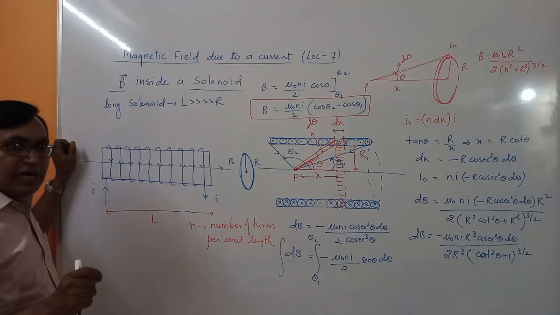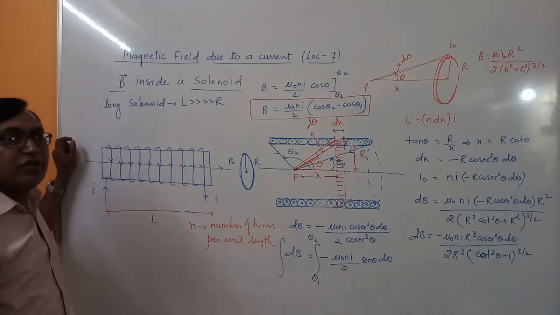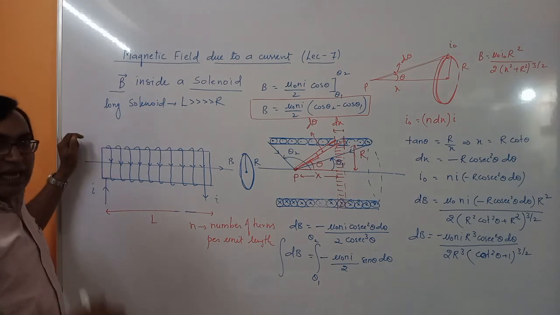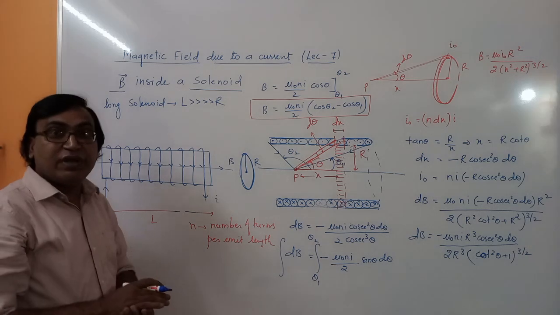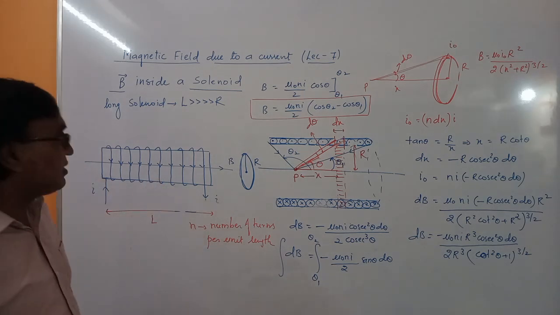In a long solenoid the field is almost uniform inside and the field outside is zero. Such solenoids we also call ideal solenoids.